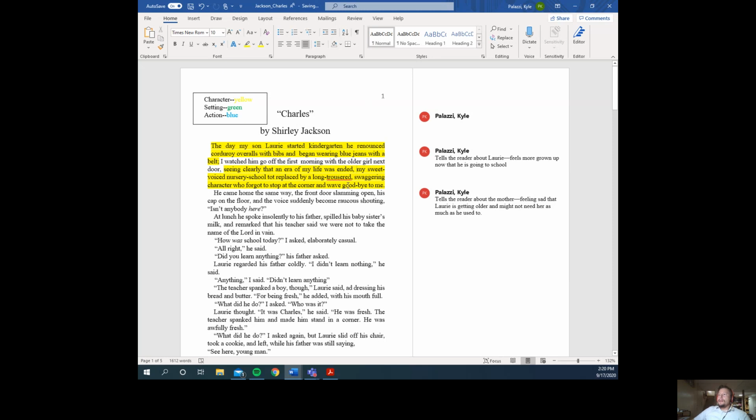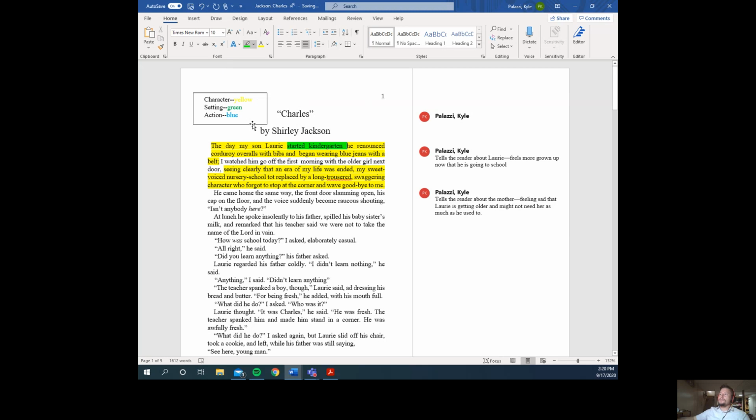Now this time we can actually go ahead and highlight more than one thing. I'm going to go to the green highlighter, and I'm going to highlight "started kindergarten."